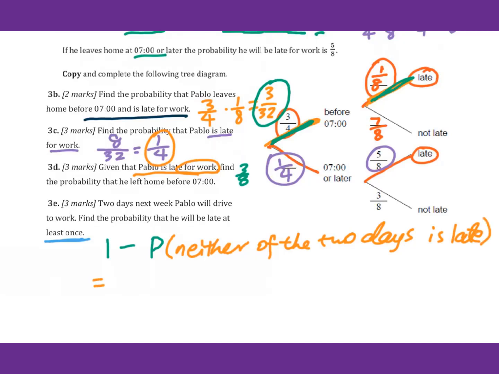So we have 1 minus. According to 3C, the probability Pablo is late is 1/4. Means if it's not late, it will be 1 minus 1/4 is 3/4. Because it happened for the 2 days, you multiply by 3/4. You will get 1 minus 9/16 equals 7/16.